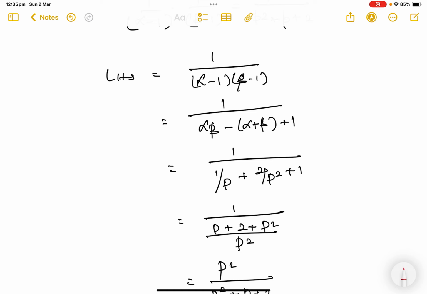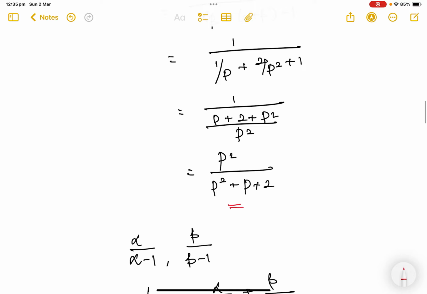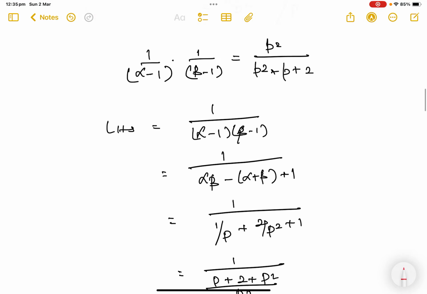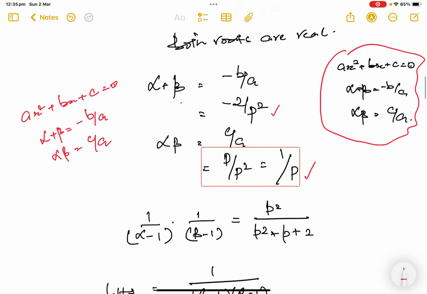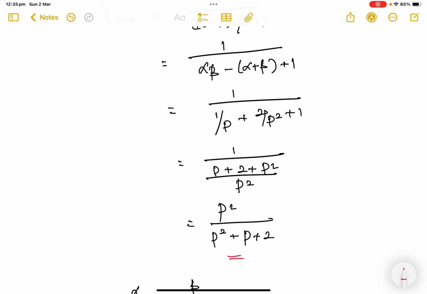So in the denominator, we have alpha beta, which we know is 1 over p, and alpha plus beta is minus 2 over p squared. So alpha plus beta, minus, plus 2 over p squared, plus 1. Keep the numerator, and for the denominator take the LCM p squared.